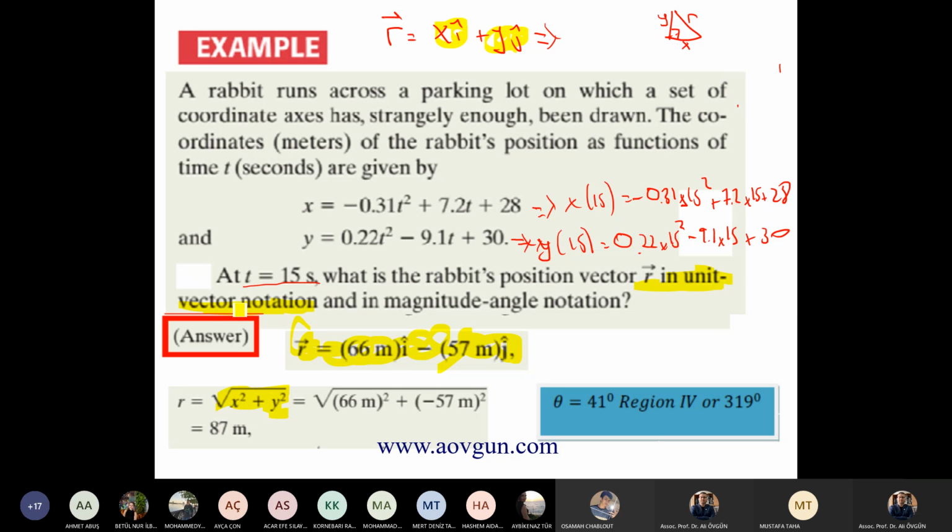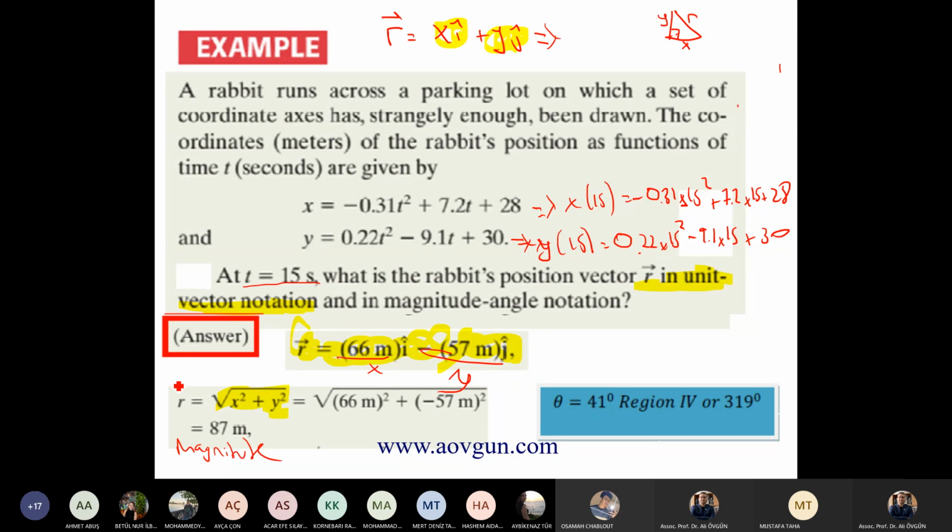And this is the x component, as I said. The first part is x and second part is y. You put inside the equation and find its magnitude. So magnitude means this, without any direction.